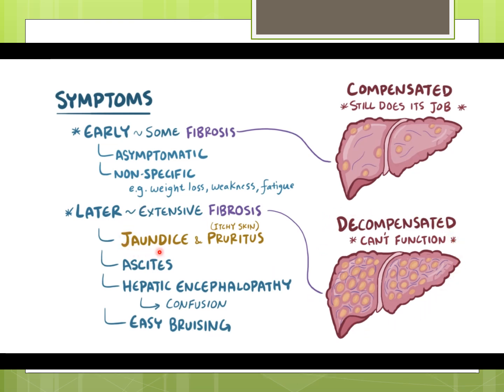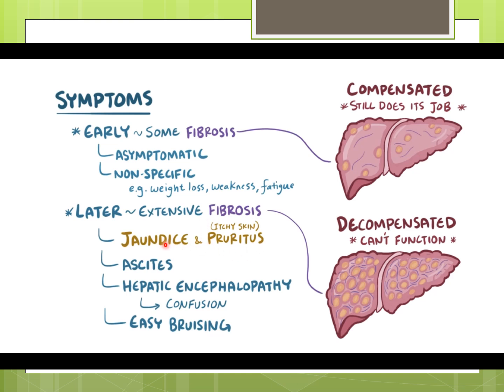The first one is jaundice, an important symptom of cirrhosis and liver disease. Bilirubin metabolism is affected, plus pruritus. Pruritus means itching of the skin, itchy skin. This is because of increased bile salts in the circulation.